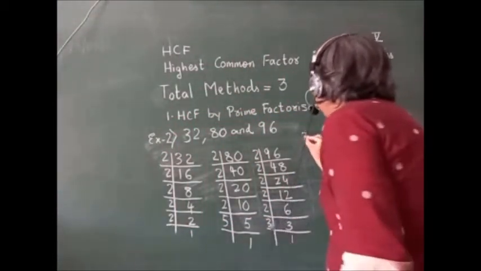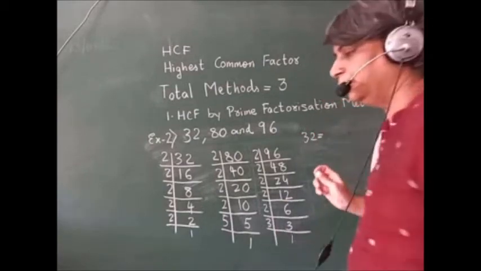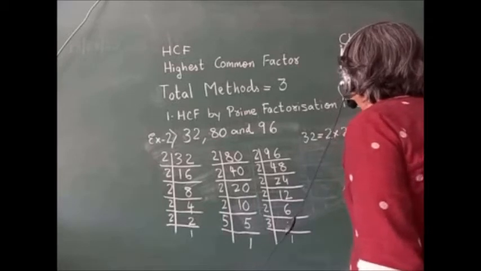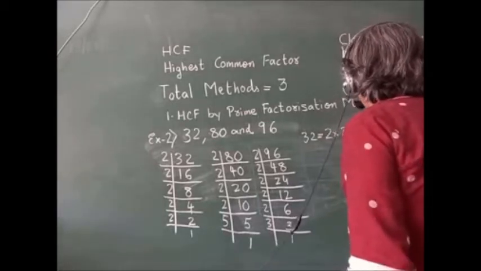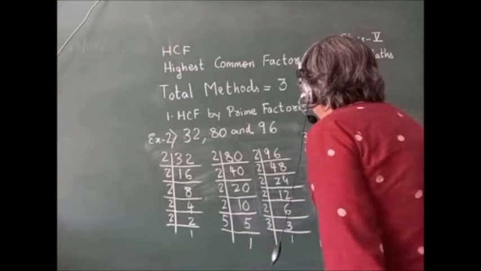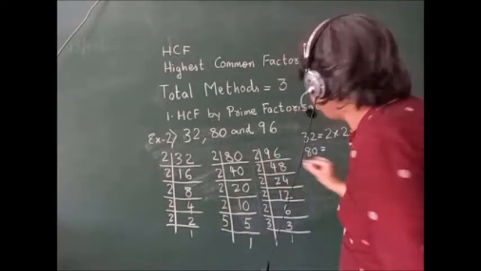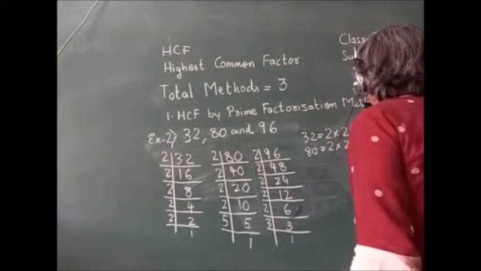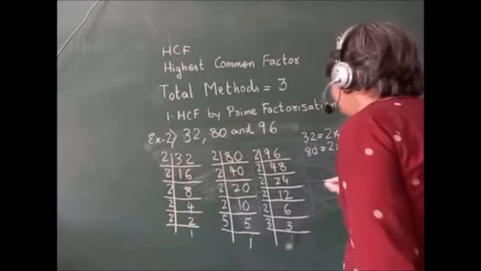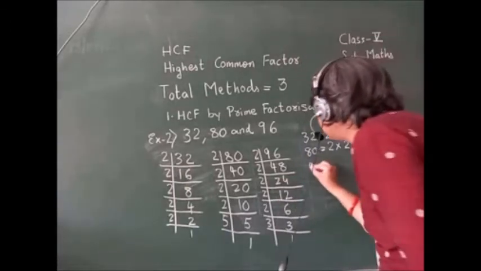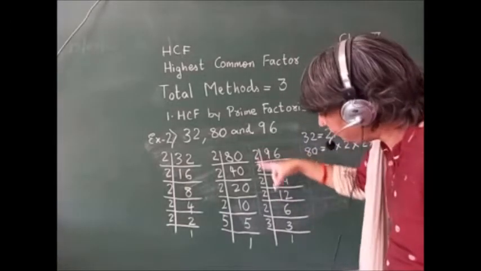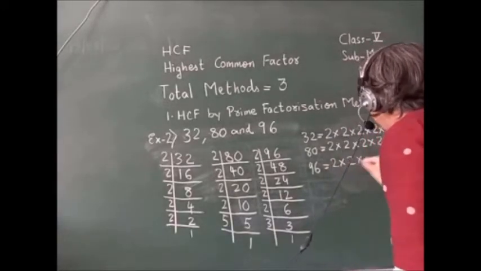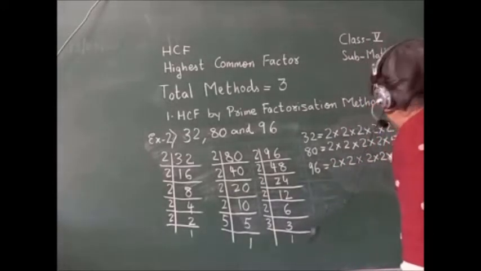First, 32 is equal to 5 times 2: 2 multiply by 2 multiply by 2 multiply by 2 multiply by 2. Then 80. 2 is written here 4 times, so 2 multiply by 2, 2 multiply by 2, and 5 here. Then comes 96. In 96 I have written 2 here 4 times, so 2 multiply by 2 multiply by 2 multiply by 2, and at the last I will write 3.